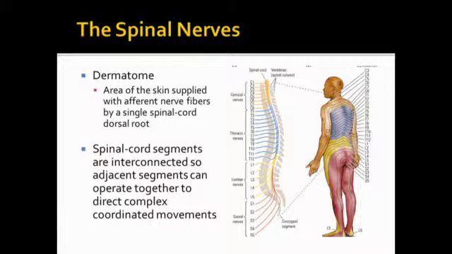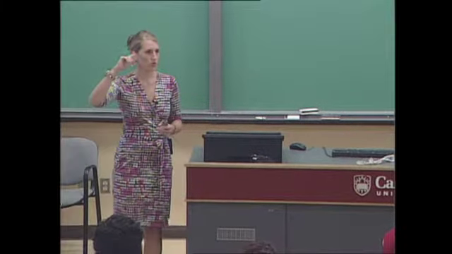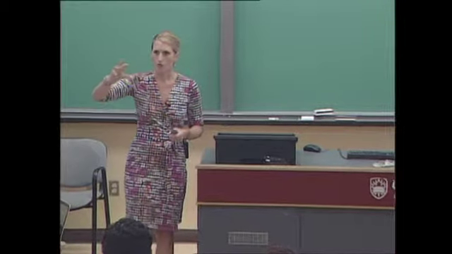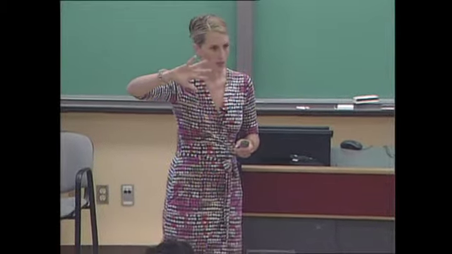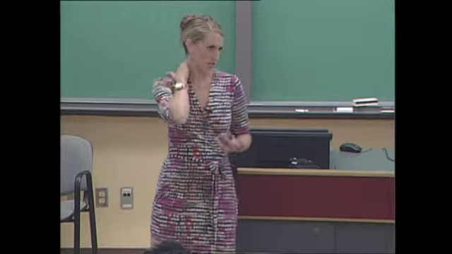It makes sense that the neighboring regions of the spinal cord are working together. It doesn't make sense that one part of your spinal cord controls your foot and the neighboring region controls your finger. You'd want each of your fingers to be represented close to one another in the spinal cord, and then your forearm, your upper arm, and your neck, for example.